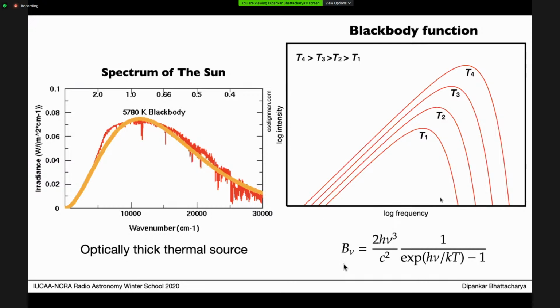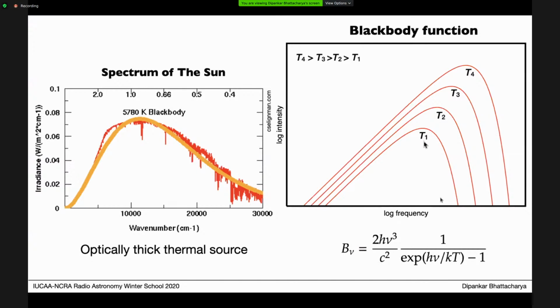So here I plot the blackbody function in log-log scale, log frequency on the horizontal axis, log intensity on the vertical axis. And what you can see here, the shape of the function is self-similar, and the size is uniquely determined by the temperature. So as you go from one temperature to another, the function changes.